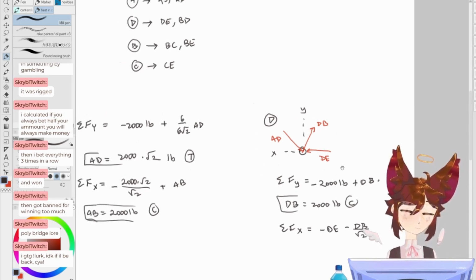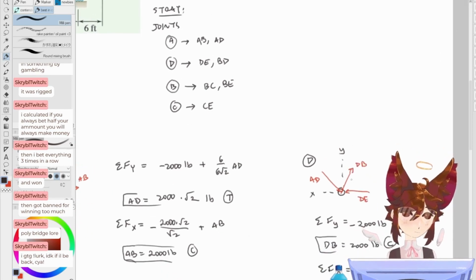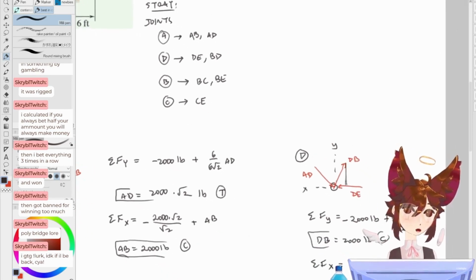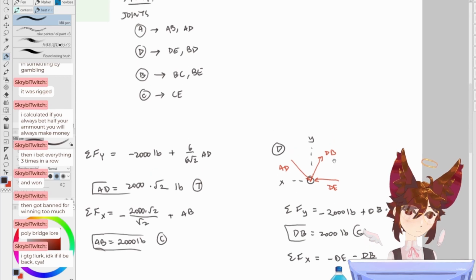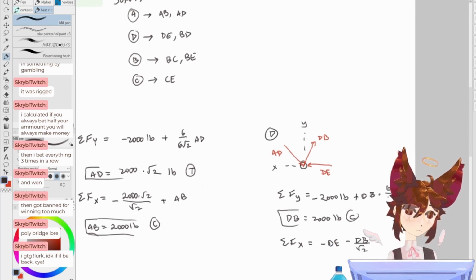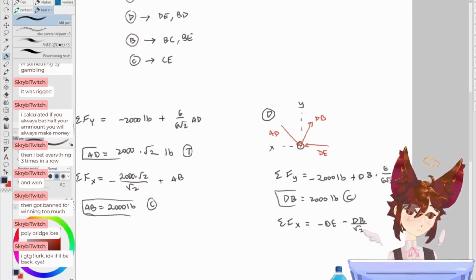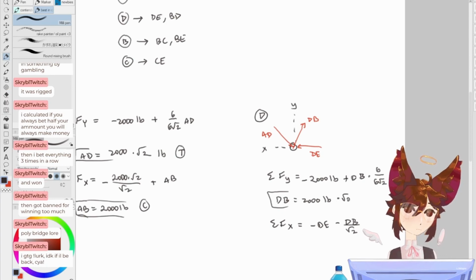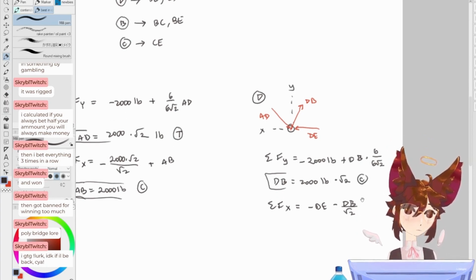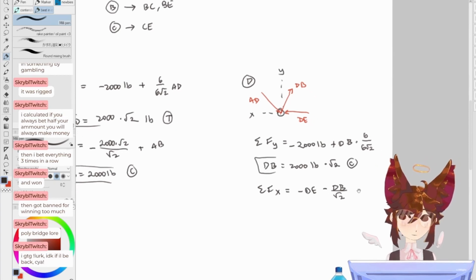Okay, this is a little bit more complicated. Let me look at this. Fy, this part of dB, so that's going to be 6 over 6 root 6. Yes. So dB equals 2000 times root 2. Compression still. There we go, that's correct.